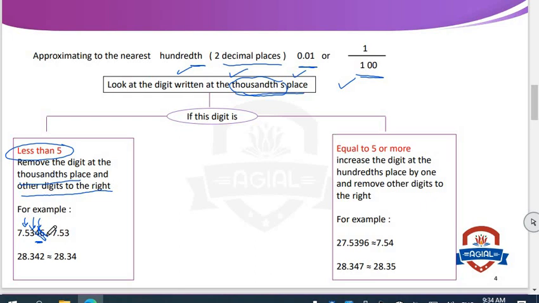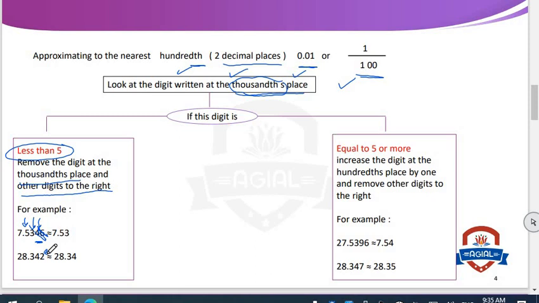Another example, 28.342. How can we approximate it to the nearest hundredth? We look at the digit in the thousandth place. We have 2, so we ask 2: are you weak, less than 5? Yes, I am less than 5.